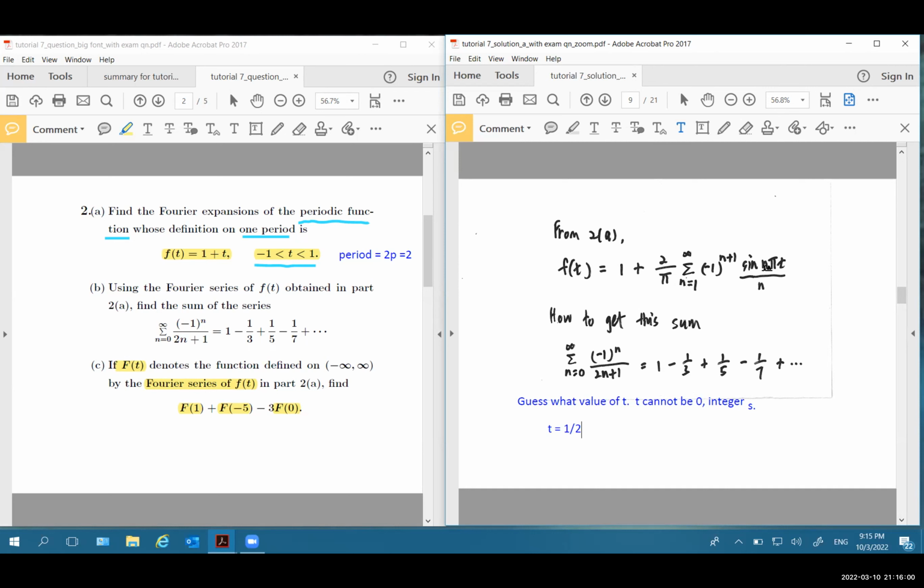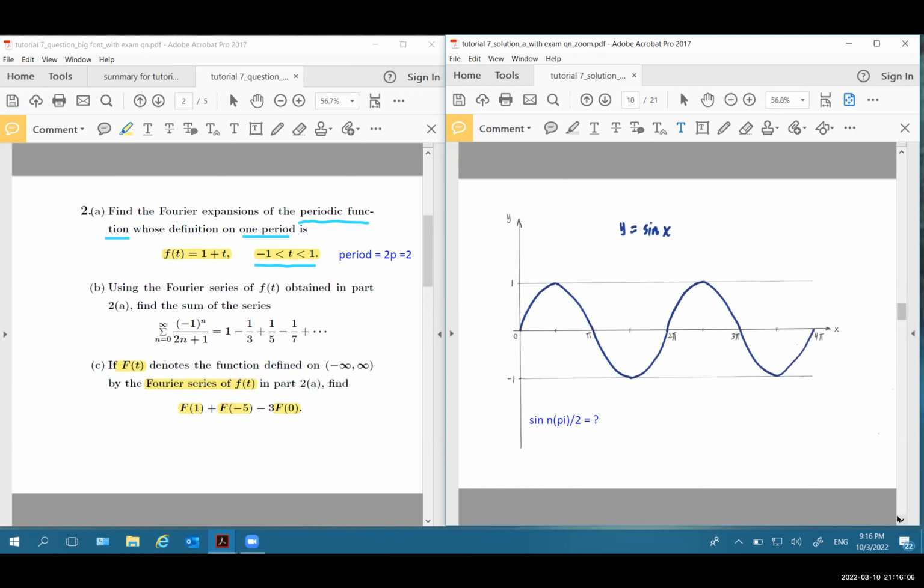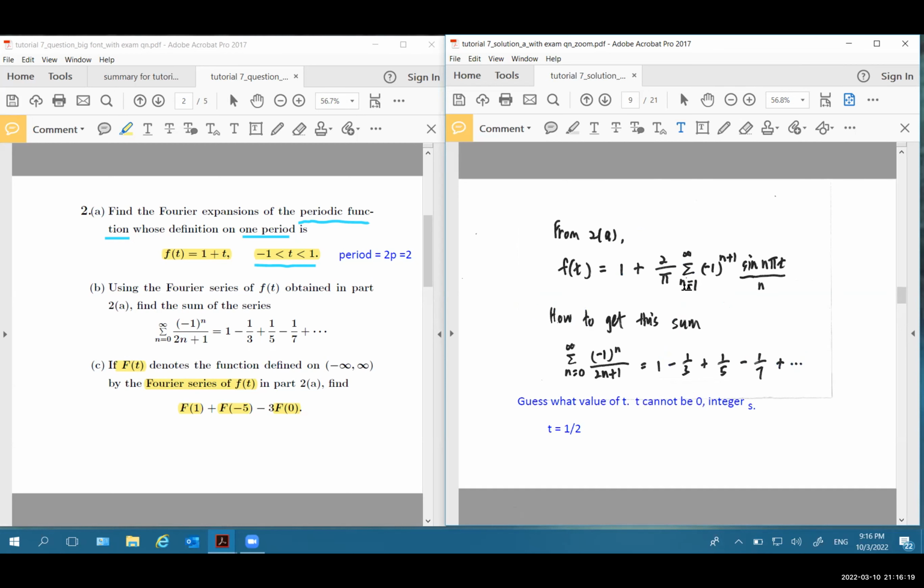So that means I'm going to get sine n pi over 2. I need to find this value, sine n pi over 2. Here your n is an integer: 1, 2, 3, 4 until infinity, right?